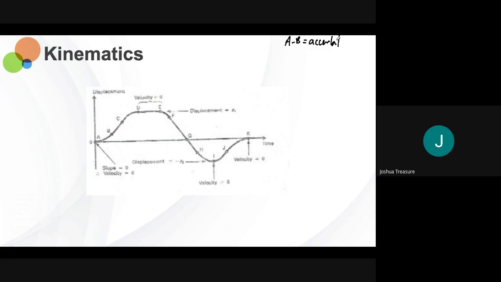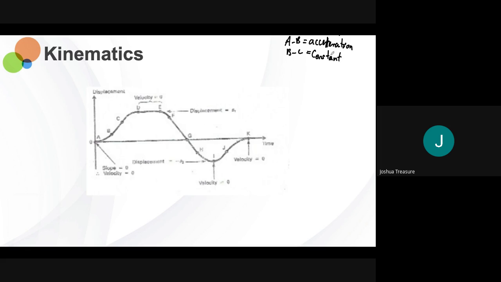What is happening from B to C? The same thing? Constant speed. So we see constant what?